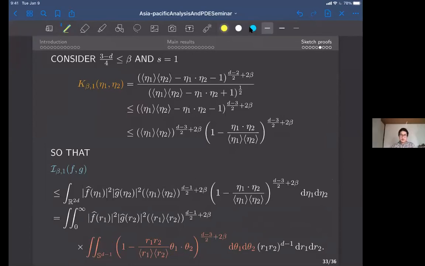I see. And because by the known result we knew the best constant would be the same as for the wave, we tried to reduce the whole case to the result in the wave case.